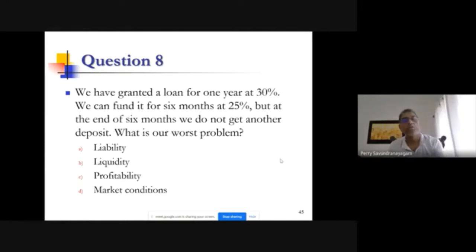We have granted a loan for 1 year at 30%. We can fund it for 6 months at 25%. But at the end of 6 months, we do not get another deposit. What is our worst problem? Worst problem, huh?